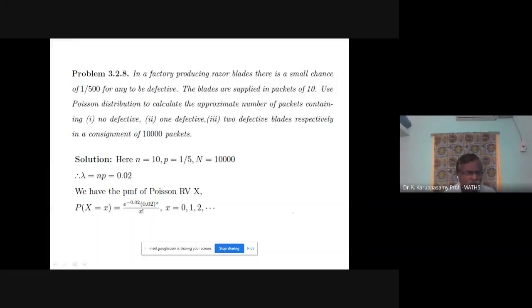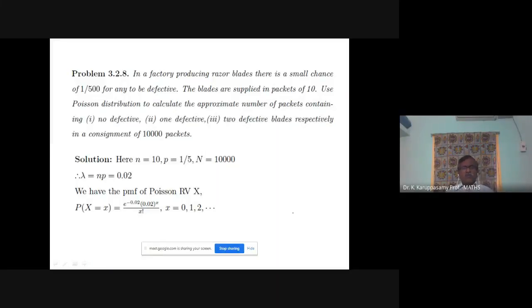We can solve the same problem using the binomial distribution also, because n is very large and p is very small. Both the answers are more or less the same.